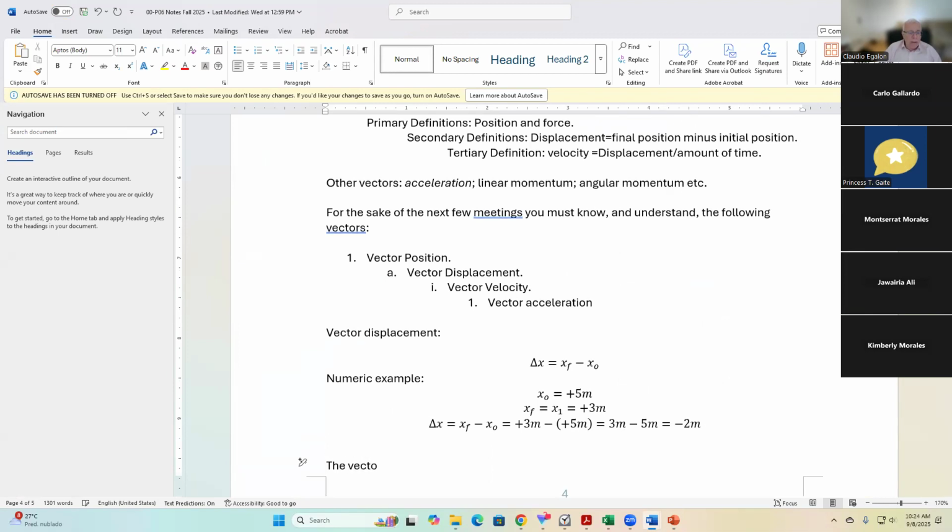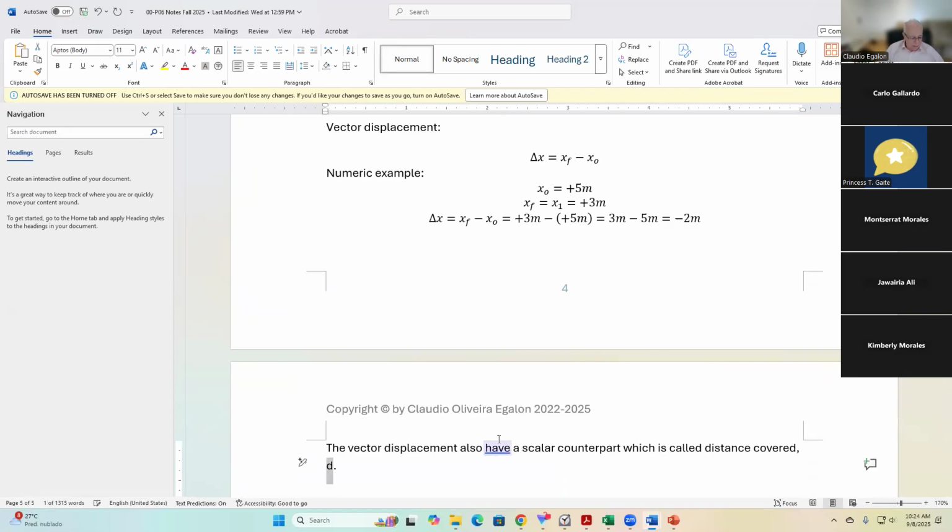The vector displacement also has a scalar counterpart, which is called distance covered, and we denote it by the letter D. The odometer of your car, for instance, documents the distance traveled by your car.